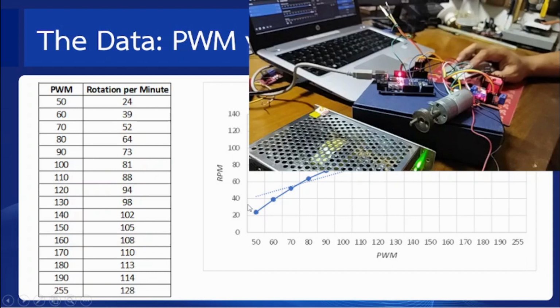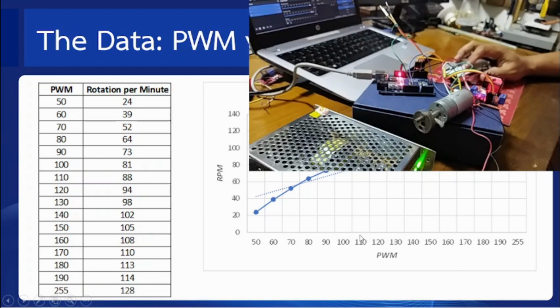So from this graph, we can find that if we want to rotate our motor at 90 RPM, then we have to set our PWM at about 100.